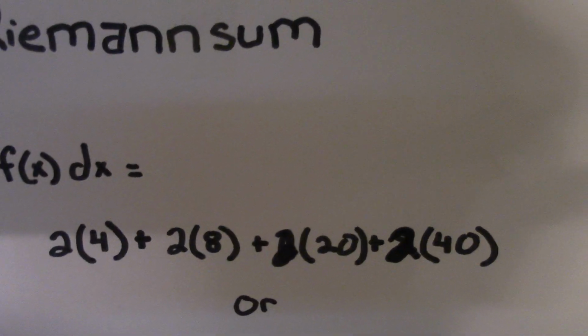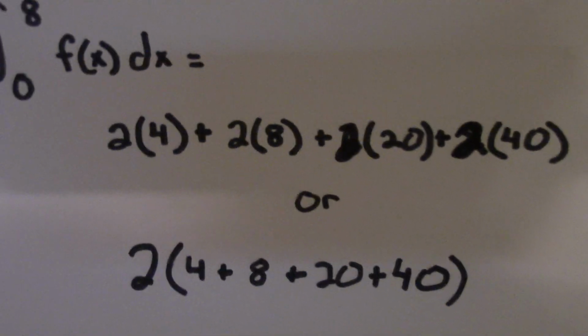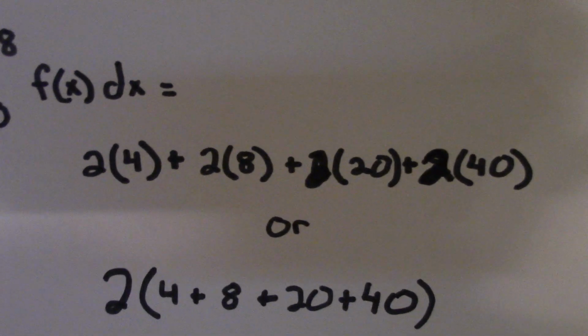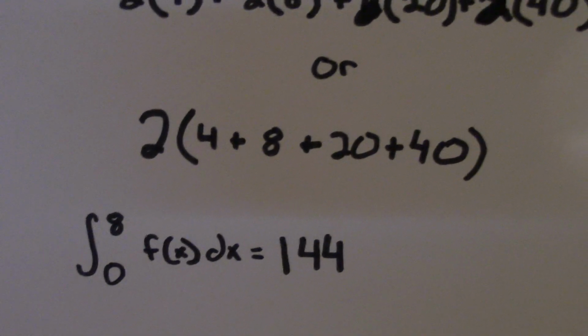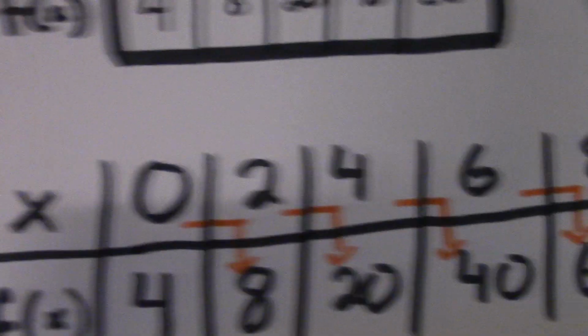Or since all the differences between the x values are the same, you can just do 2 parentheses 4 plus 8 plus 20 plus 40 close parentheses. And going through that, we'll get you 144.